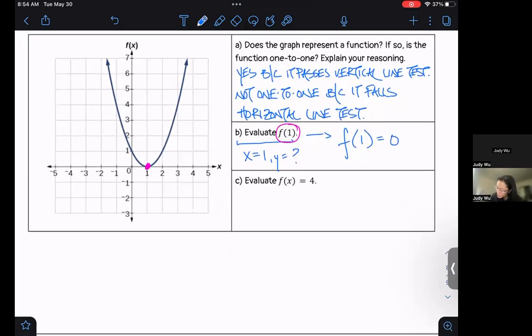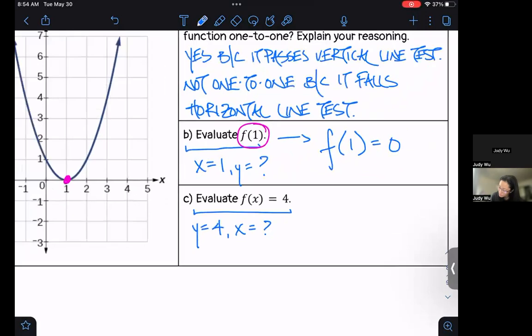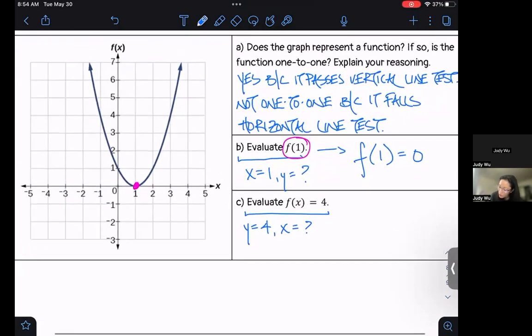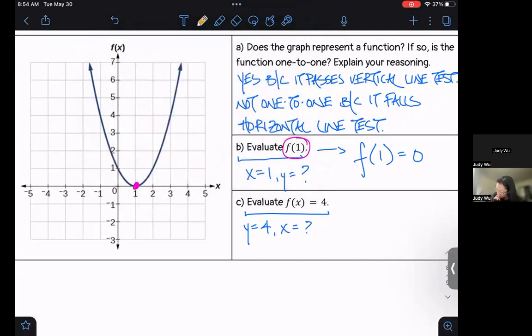All right? Last but not least, evaluate f of x equals 4, all right? This means y is 4, and what is x? Right? Now, I like to find the points on my graph. Let's go with orange. And where do I see a y value of 4? So y is 4 up here.